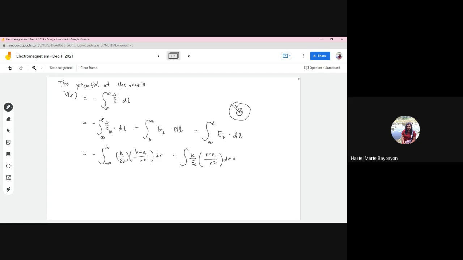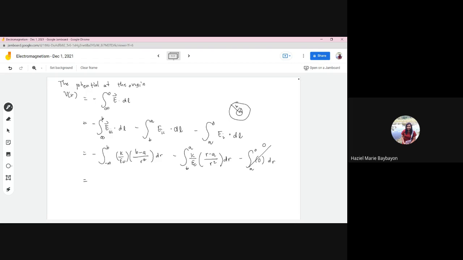Again, your DL is just equal to DR. So this is integrated from B to A. And then the last component is sa region 1, wherein the electric field is equal to 0. So this is from A to 0.